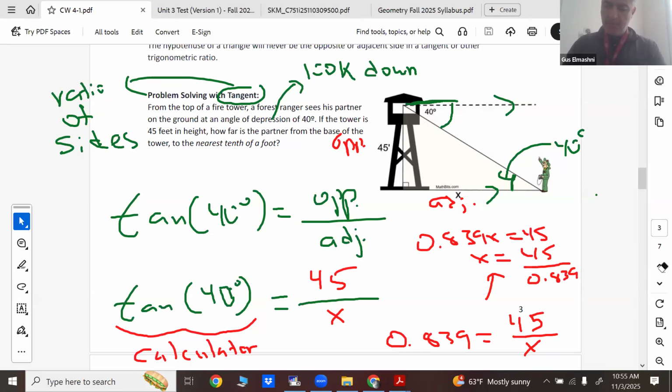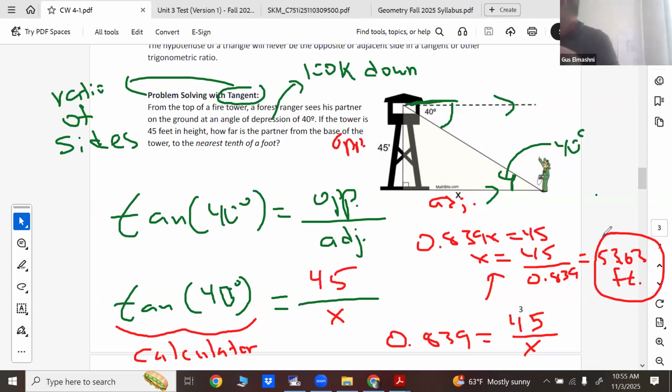I should get 53.63. Sorry, not degrees, just a side length. My apologies. X should equal 53.63 feet. Which makes sense. If I do 45 over 53, it's about 0.8 something. That makes sense.